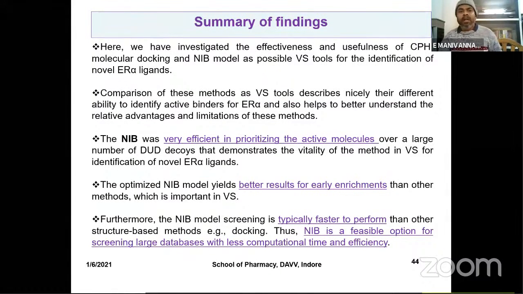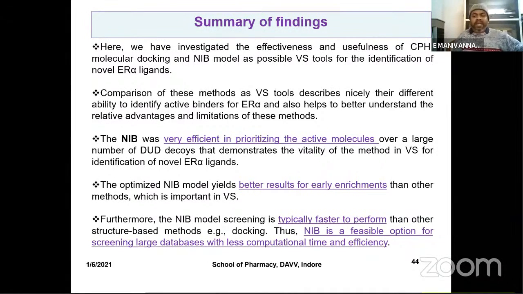So, overall, the findings of our work: here we investigated the effectiveness and usefulness of ligand-based and structure-based virtual screening strategies. The ligand-based strategy we selected was the common pharmacophore hypothesis.